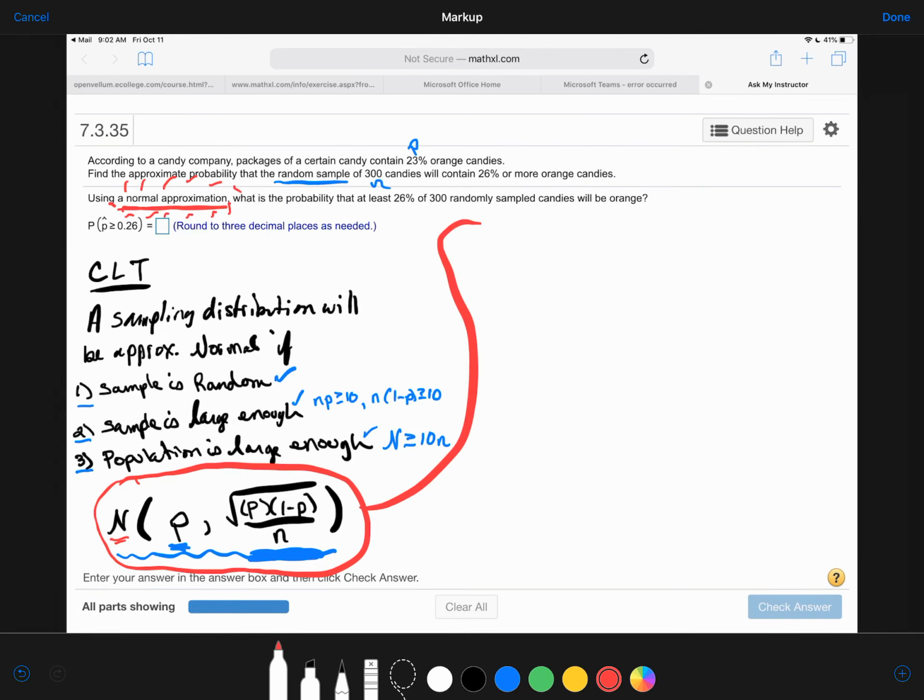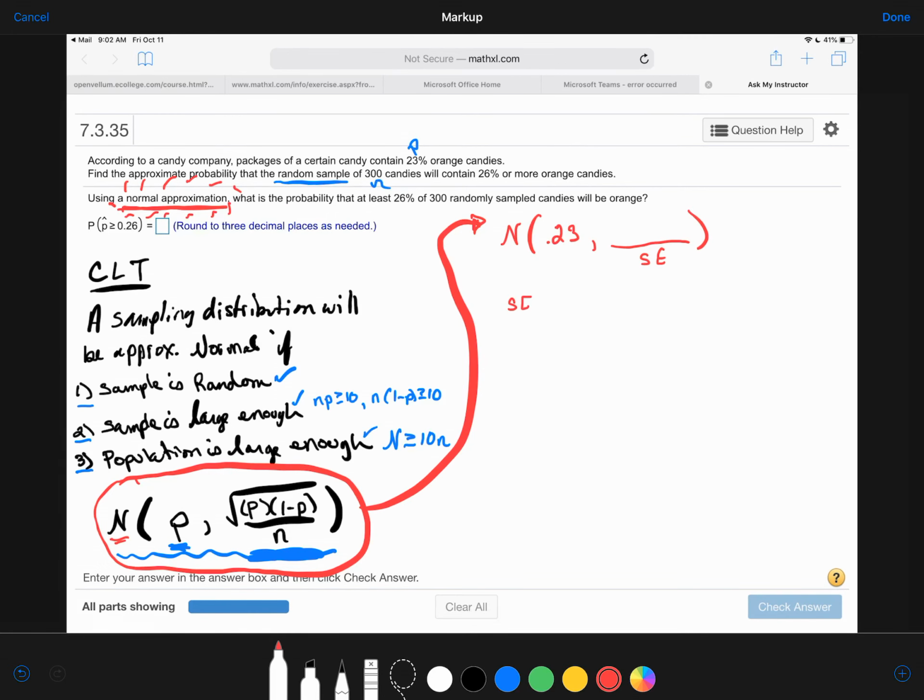We know we're allowed to do it at this point, but we have to take this and fill it in. So it's going to be a normal approximation, we're told that, with mean p, so the mean is 23% or 0.23. We have to type those in decimal format. And then we have to find this standard error.